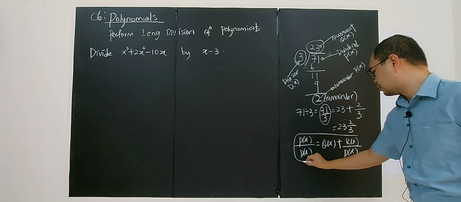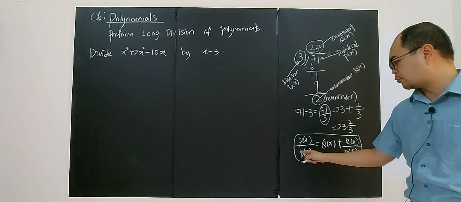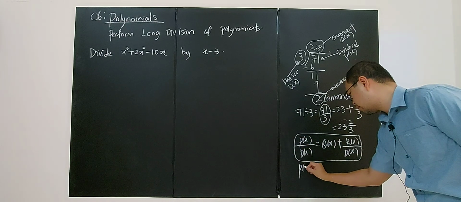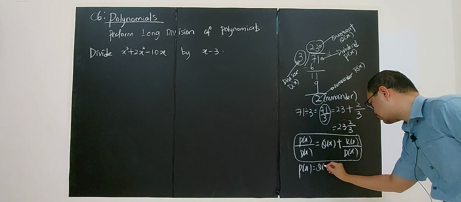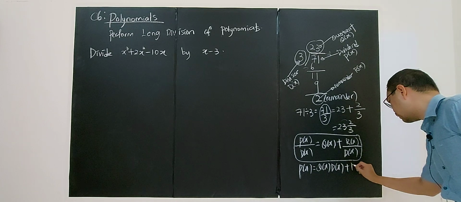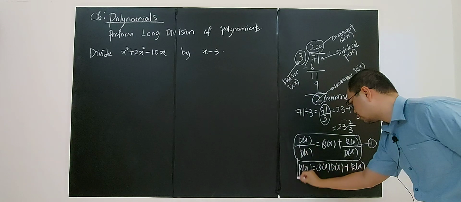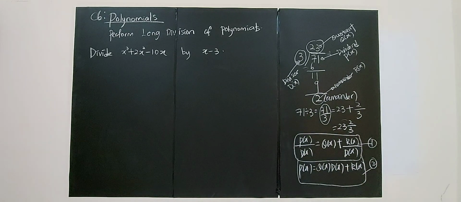This is the first form. The second form is when we multiply everything by D(x): P(x) equals Q(x) D(x) plus R(x). The first form and the second form.